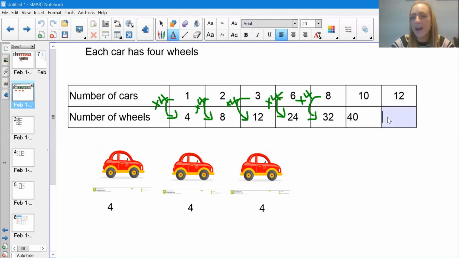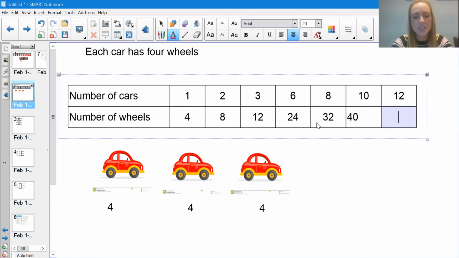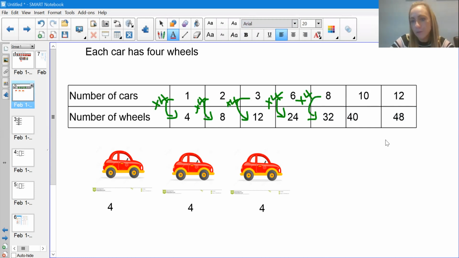And I've got 12 groups of 4, which is 48. So I'm not just adding 4 each time, I am multiplying the number of cars by the amount of wheels each car has. And each car has 4 wheels. So I'm multiplying the number of cars by 4.